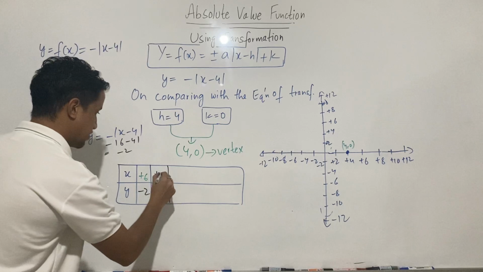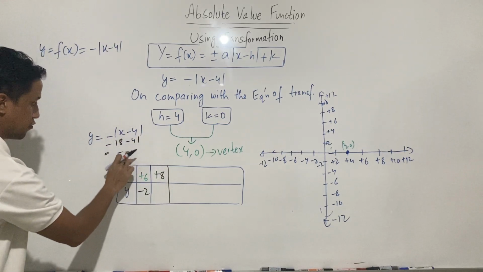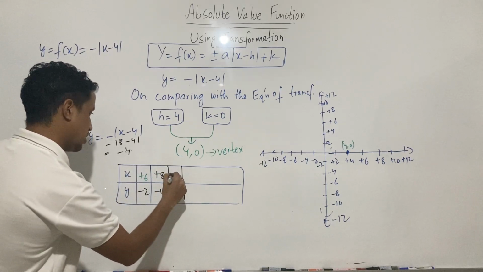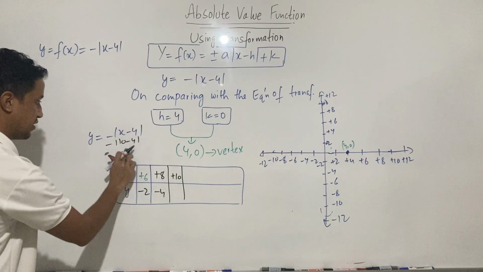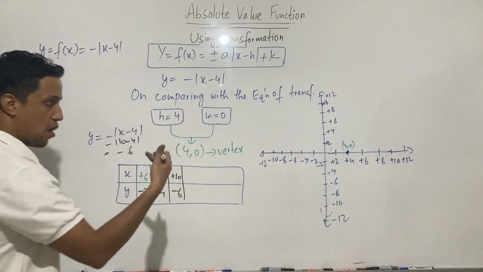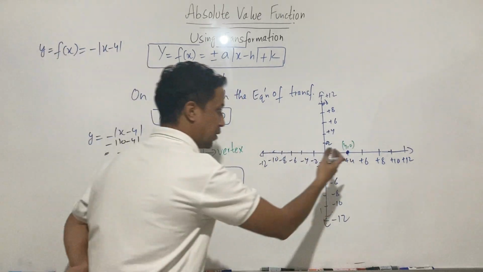For 8, 8 minus 4 is 4, so it's going to be -4. For 10, it's -6. Now we can take some values from the left of 4.